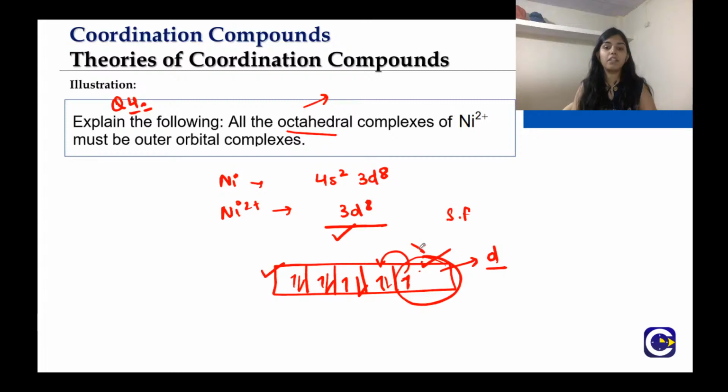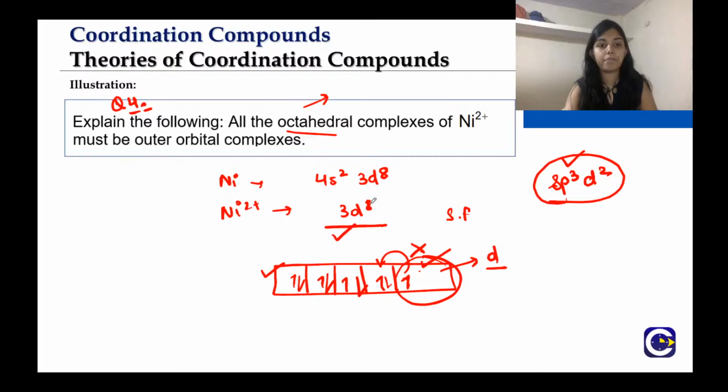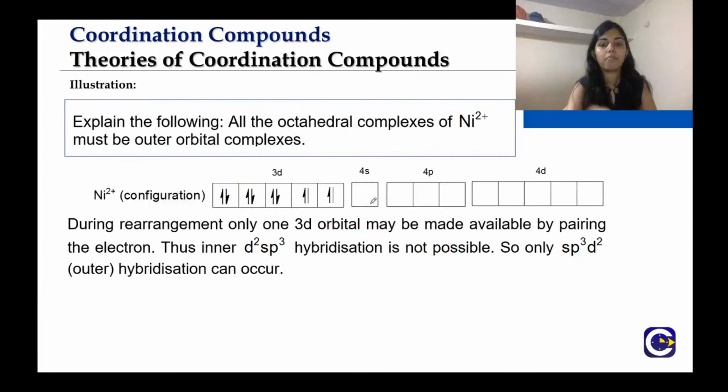So instead of using the inner d orbital, only the outer orbital will be used, even in the case of strong field ligand. So the hybridization will always be sp3d2 for nickel 2 plus complexes, irrespective of the type of ligand that is present. Good. So here you can see, d2sp3 is not possible because only one d orbital will be vacant here.